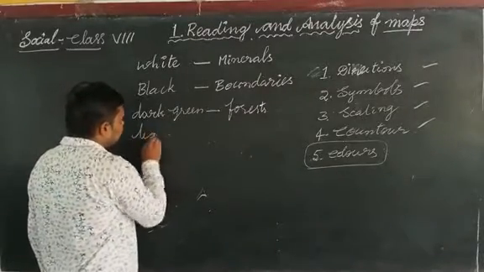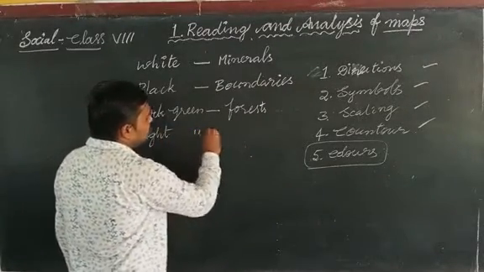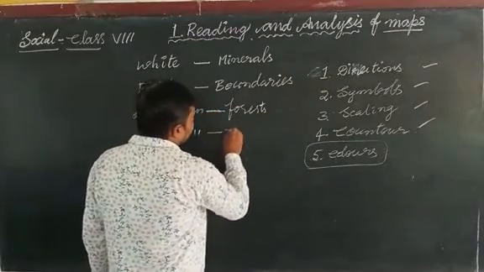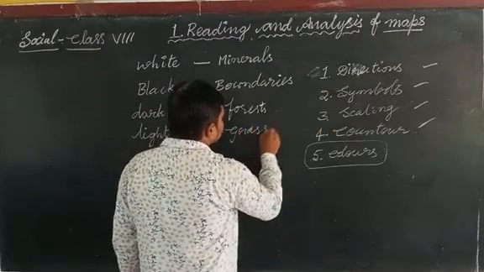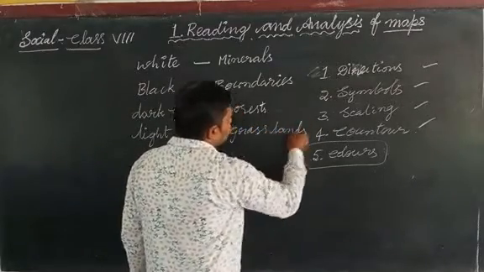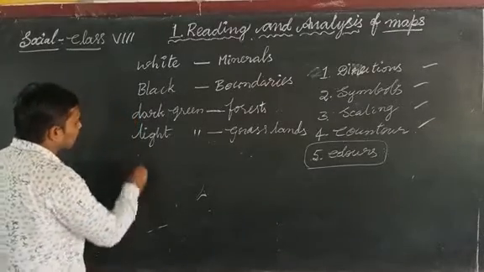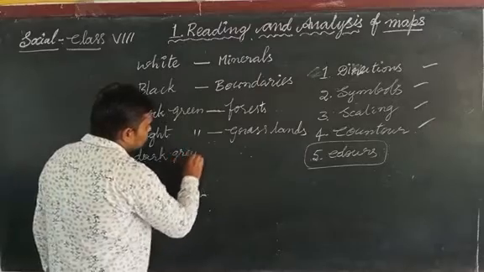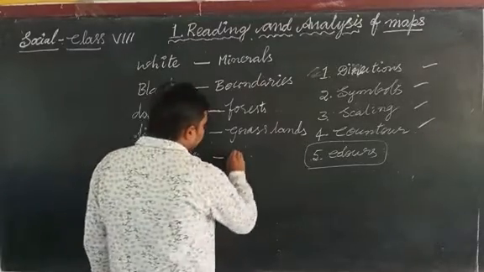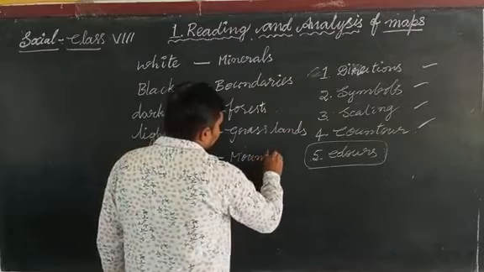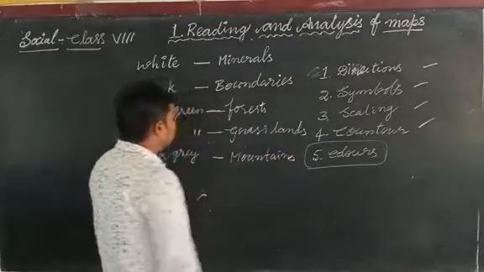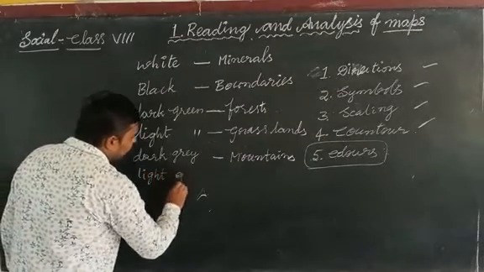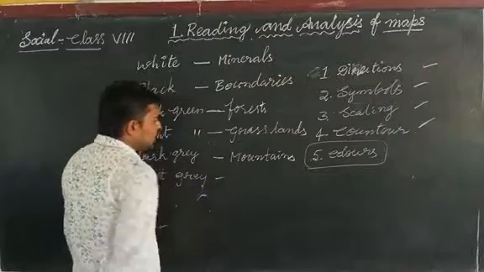Light green represents grasslands. Dark gray represents mountains. Light gray represents hills.